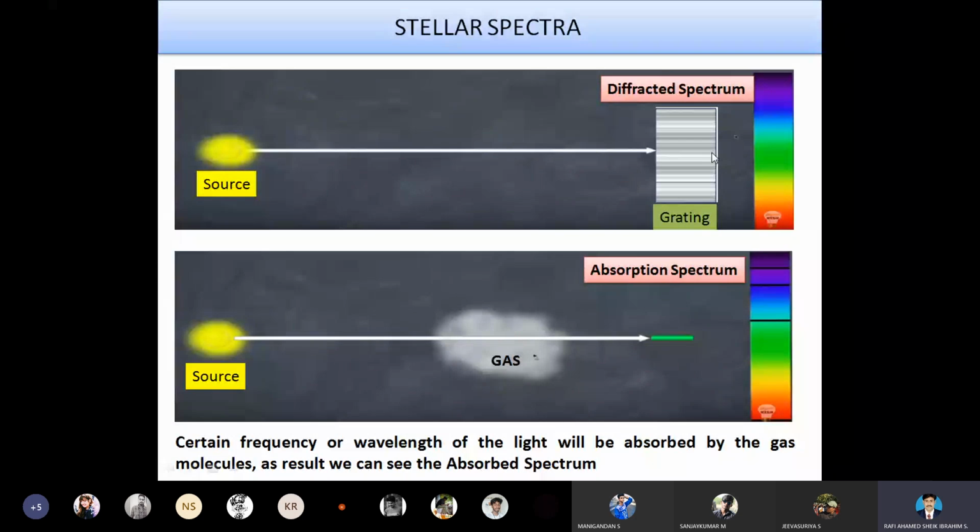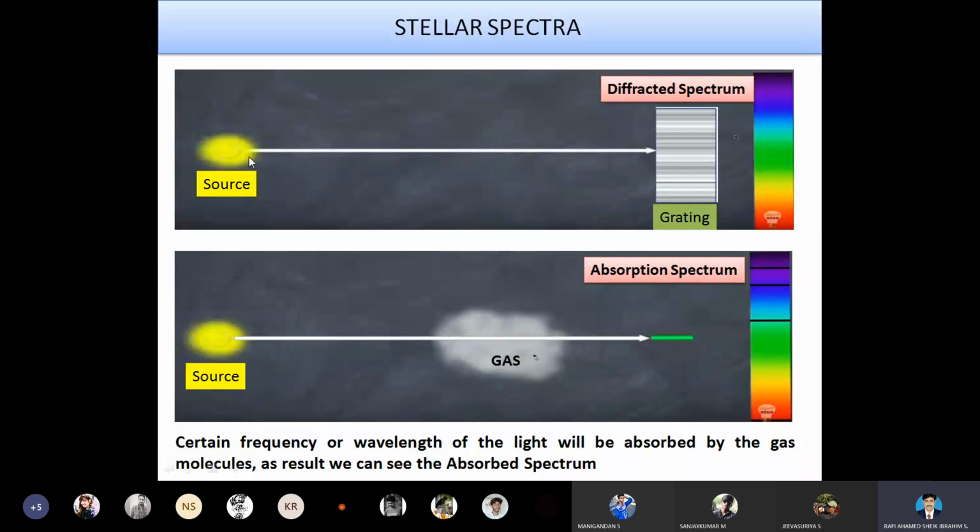The rays will diffract. Here we have n number of layers. We can see the layers in the diffraction grating: bright line, dark line, bright line, dark line. With the help of a diamond pointer, we have made ruled lines here. Those lines are nothing but gaps. We have lakhs of gaps here.